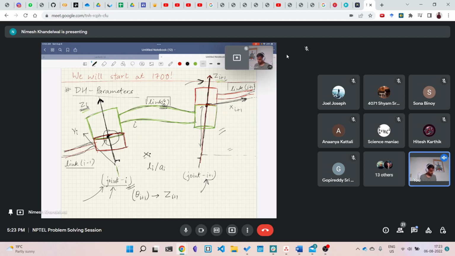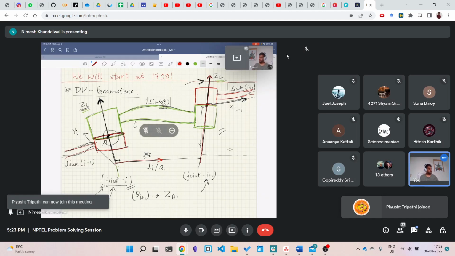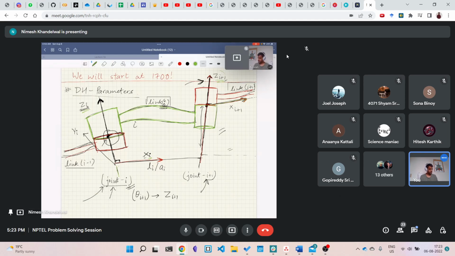Along this line of shortest distance is where I define my xi. Similarly, there will be some x of i plus 1 for the next one. I've not drawn it because to make xi plus 1, I will need some zi plus 2 here that I do not want to draw. Is that fine?